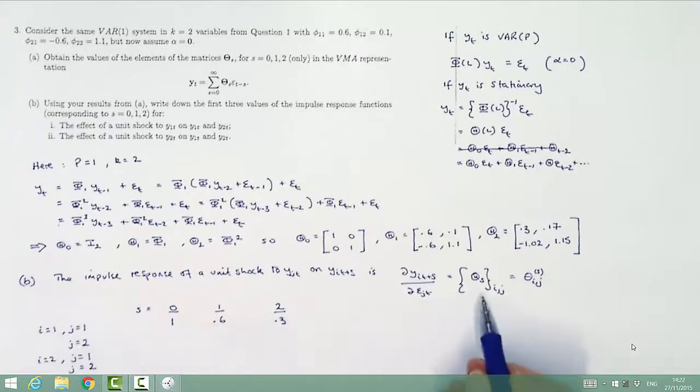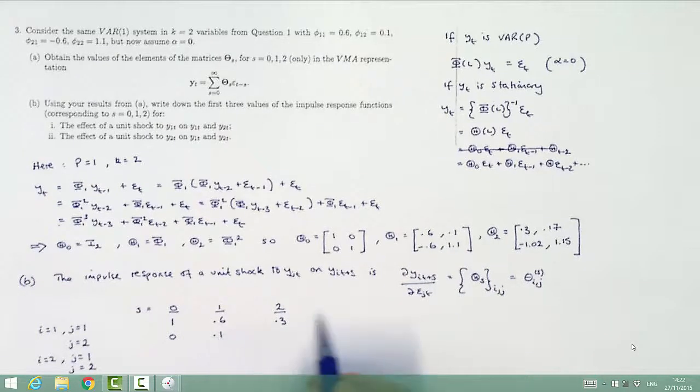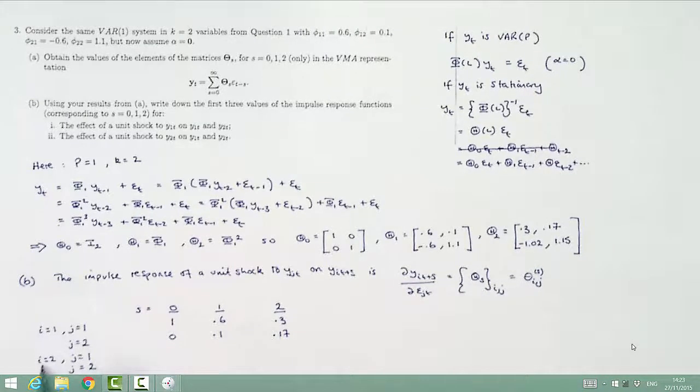And now when we go to i equals 1 and j equals 2, again it's the appropriate element from the theta matrix. This will be 0 at s equals 0. The 1,2 of Θ_1 is 0.1, and the 1,2 element of Θ_2 is 0.17.